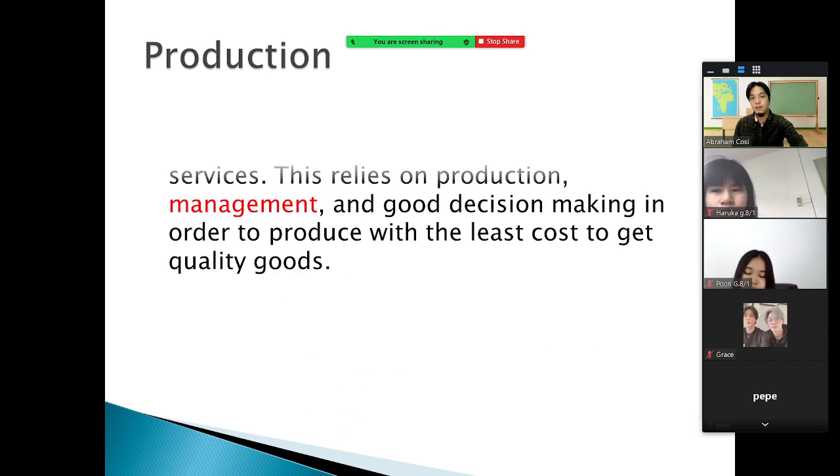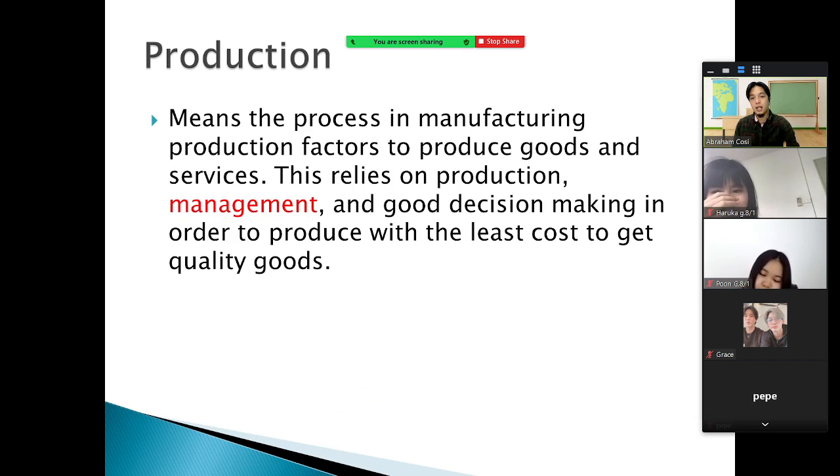So first, production. This is the process of manufacturing goods. Okay, so we have there the producer. Remember the diagram I showed you. So production is the process of creating or making goods and services.